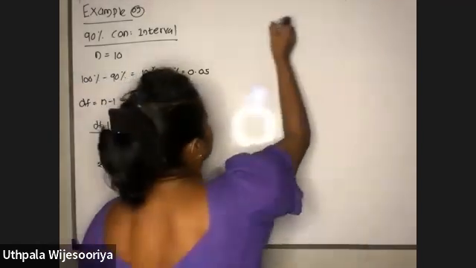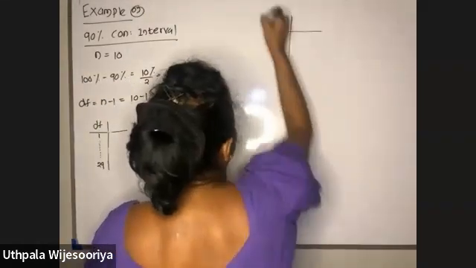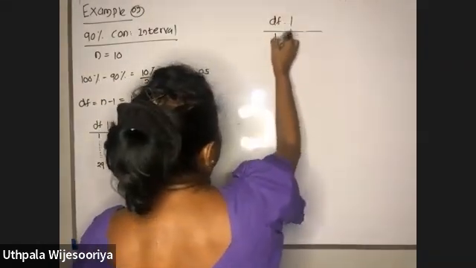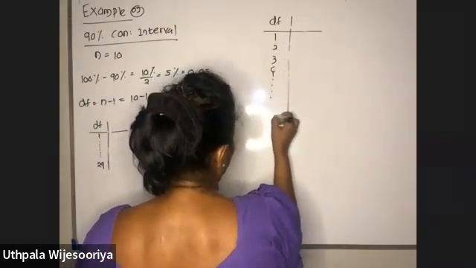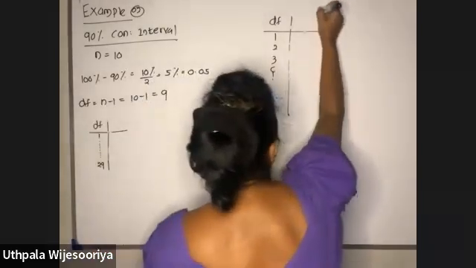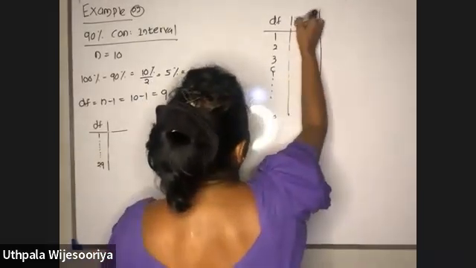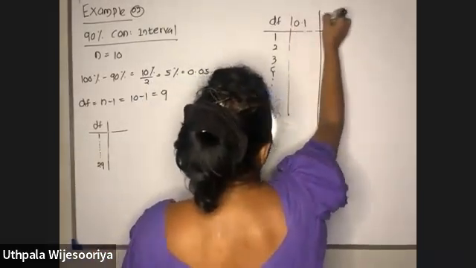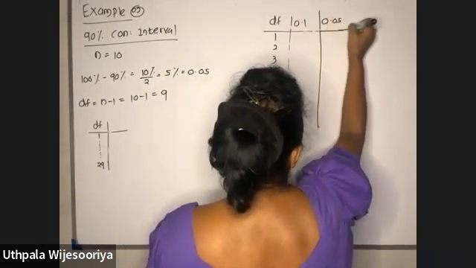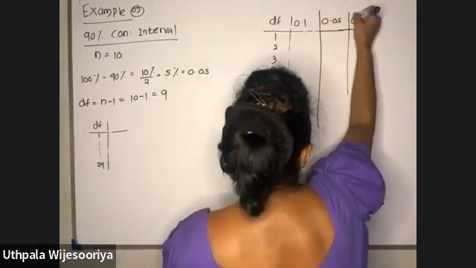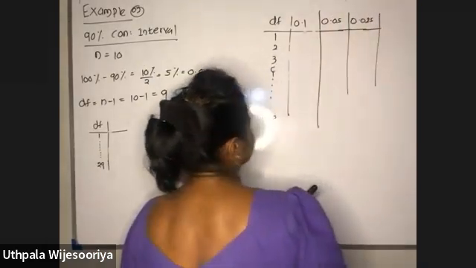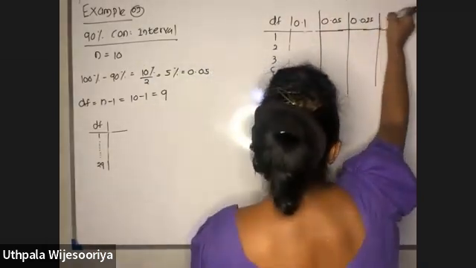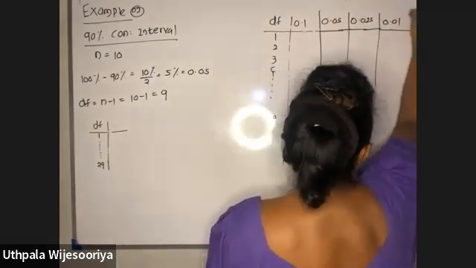Looking at your t table, DF goes 1, 2, 3, 4, up to 30 or 29, and then the columns are 0.1, 0.05, 0.025, 0.01, 0.005.